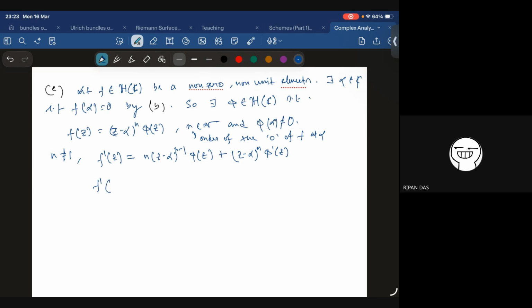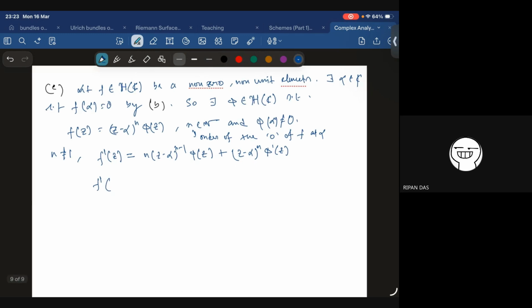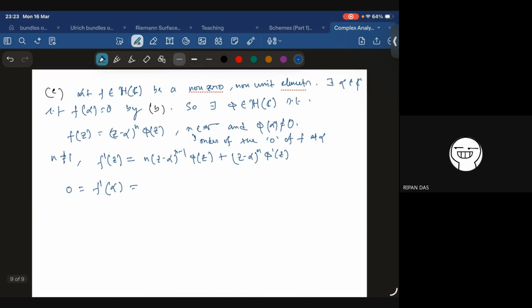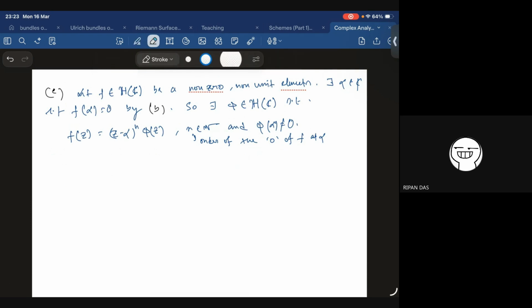Now you see, if f has a zero at alpha of order n, which is n not equal to 1, then f prime is also 0 there, right? So then there you get what? I think we can do it directly from there actually.